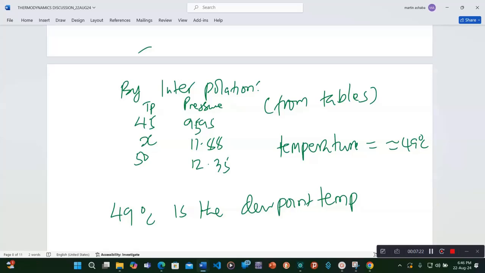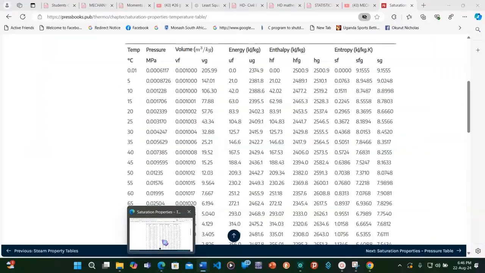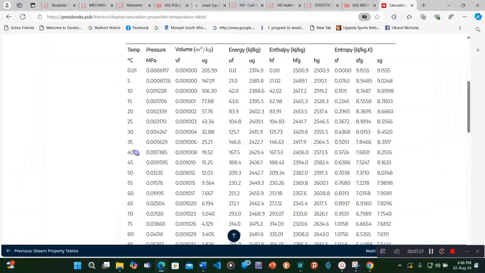So to determine now the dew point temperature, we will go to the tables of saturation temperatures. So when we reach there, we will read off the values. We see this is in megapascals, but our value is in kilopascals. So we can multiply this by 1000 to convert it to kilopascals. So the value that we have is 11.88, which lies between here and this. So 9.595 and 12.35 give you a range in which our temperature is going to be lying.